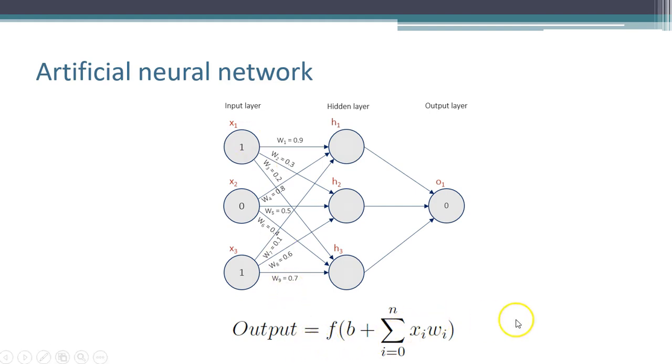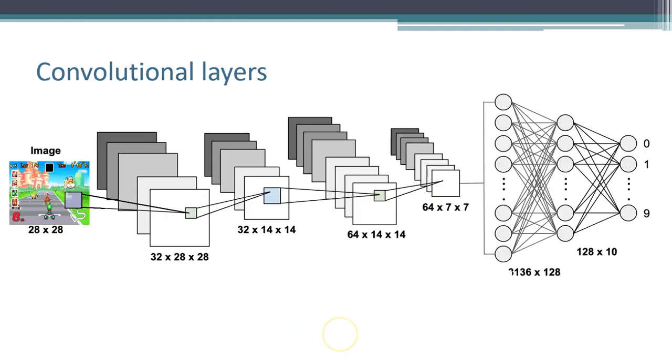This includes the weights, the input data, and a constant called bias. The result is then passed to an activation function, which is usually nonlinear, so that the network learns complex tasks.